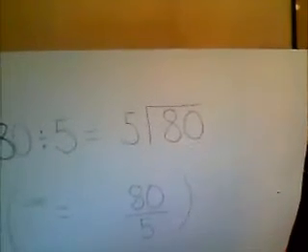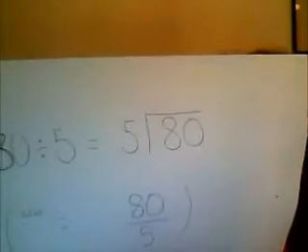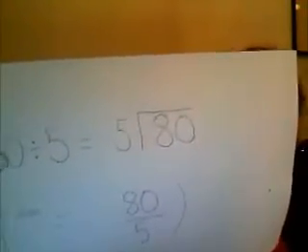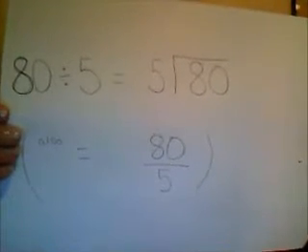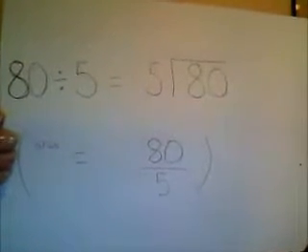I'd like to point out to you, I'm going to come back to this again. This is really important, though, that you understand that 80 divided by 5 is also saying 5 into 80. How many 5s fit into 80? Also, just by the way, this is also equal to 80 out of 5. 5 into 80.